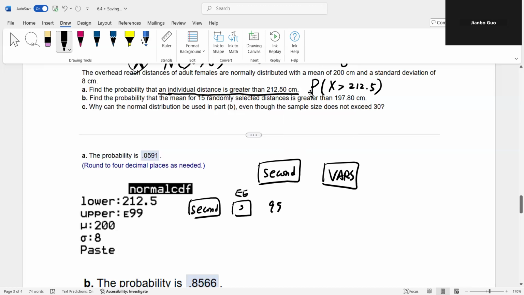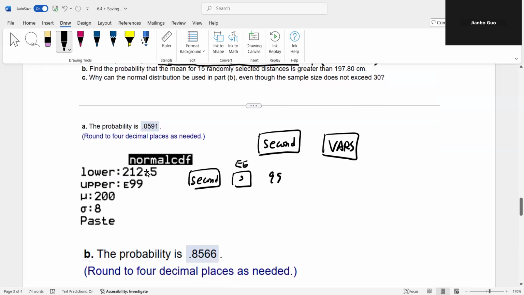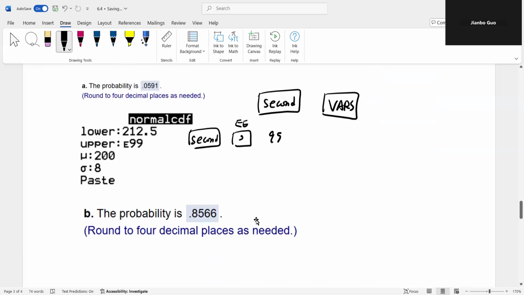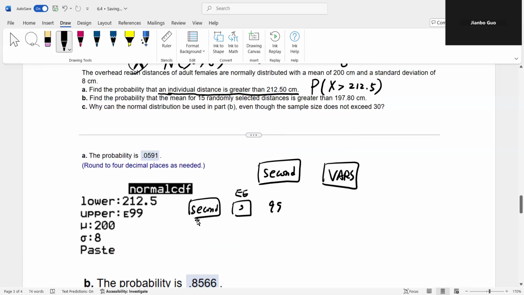We have a normal distribution with mu equals 200 and sigma equals 8. So you let the calculator know mu is 200, sigma is 8, and then you solve for the probability and round properly. So that's the first part. The first part is actually similar to the problems we have done in the previous section.